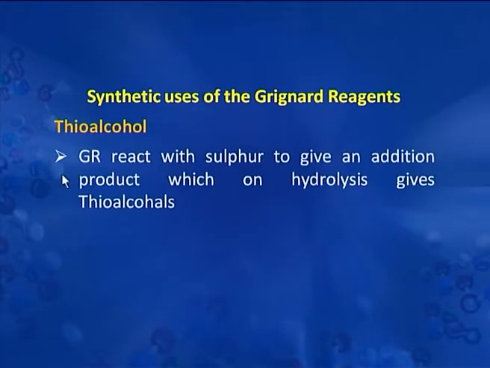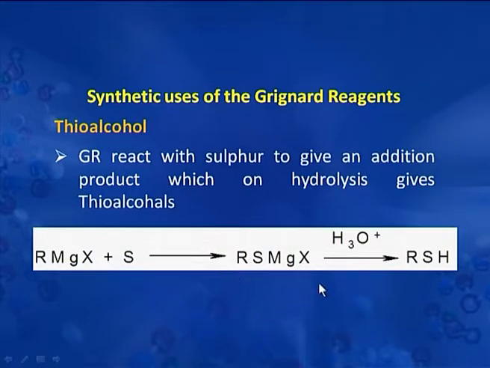We can also prepare thioalcohols or thiols with the help of Grignard reagent. Grignard reagent reacts with sulfur to give an addition product. This addition product on hydrolysis gives the thiols, that is RSH.